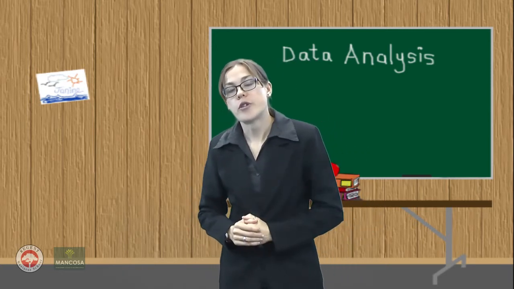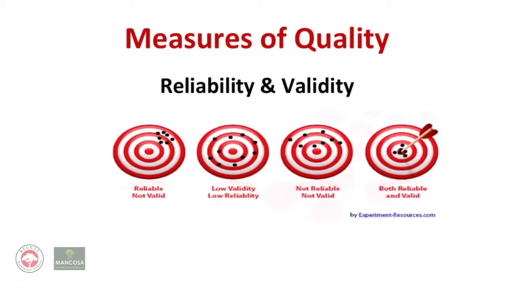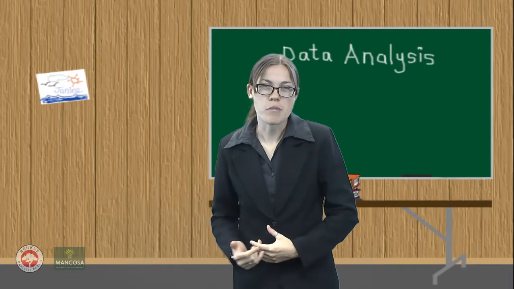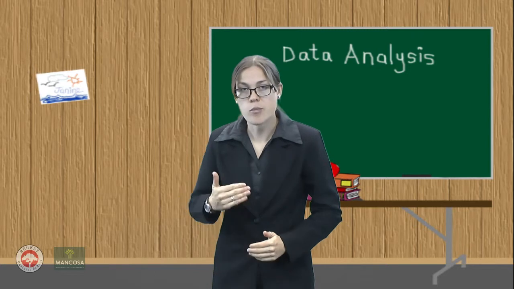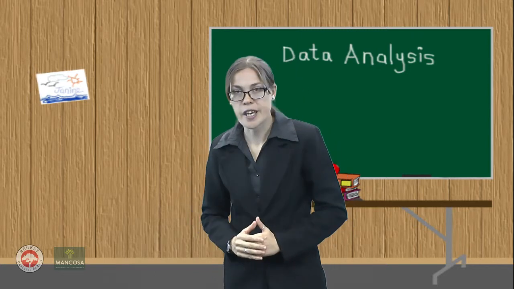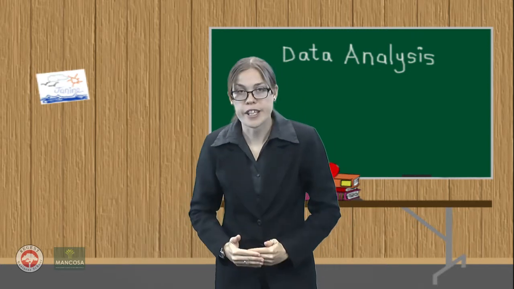The second term I referred to is reliability. This basically implies consistency. So, for example, if I were measuring weight and stood on the scale, and today I weighed 67 kgs, then tomorrow I stand on exactly the same scale and I weigh 69 kgs.